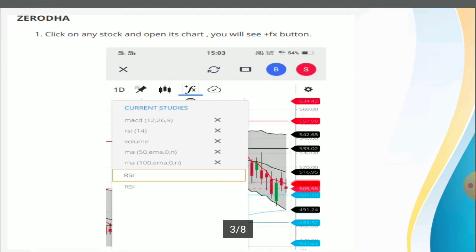Here I'm giving the Zerodha scenario, where you first click any stock and open the chart. You will see the FX button, where you have to write RSI and click on it. Once you click on the RSI indicator, it will show the default numbers like period.